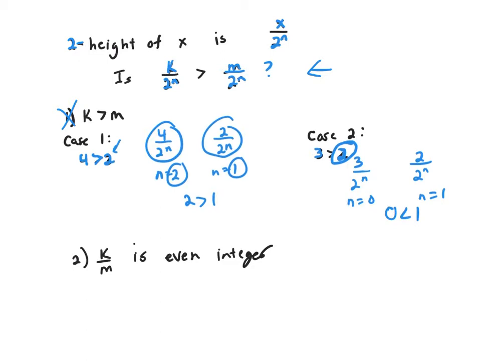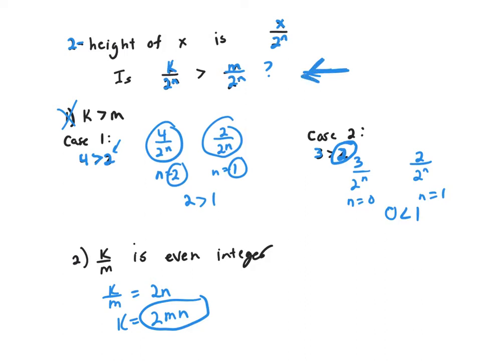Now, k over m is an even integer. So that means that k over m is 2 times some number. That's true for it to be even. Now multiply both sides by m and you get k equals 2mn. Now plug this in for k back up here.